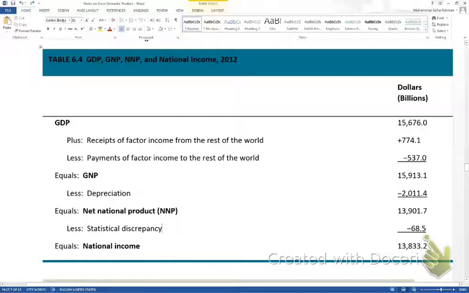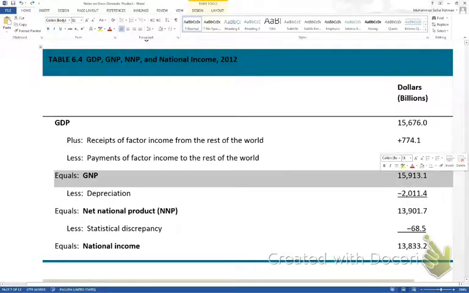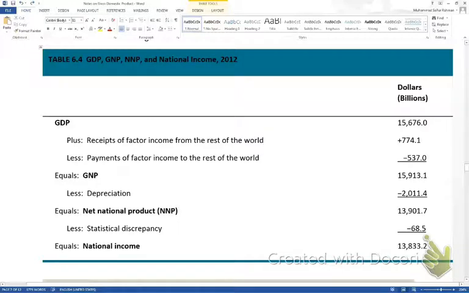You first add a statistical discrepancy, which will give you a net national product. Notice that I am following a strategy which is opposite to how this is calculated. So I add depreciation to that net national product, and I get a GNP, and from that GNP I add payments of factors of income.